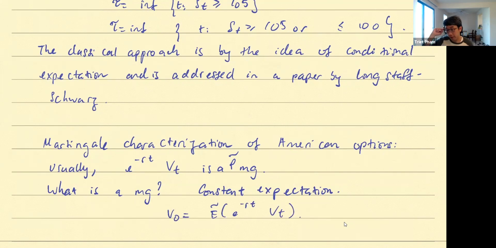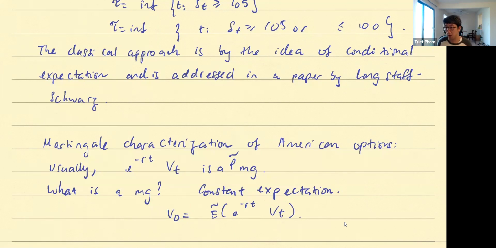But again, I've emphasized that there's a financial meaning here that you want to keep in mind. When you pull the future value back to the present and compare it to the present, it's the same as the present value. So from the point of view of any future time point, the current value of the option is equivalent to that.